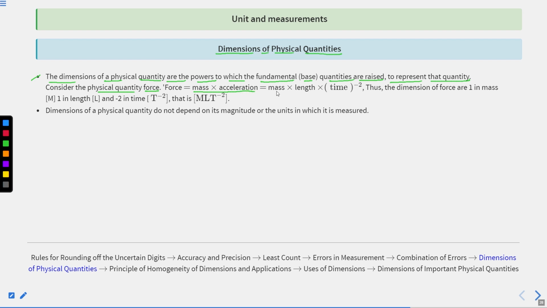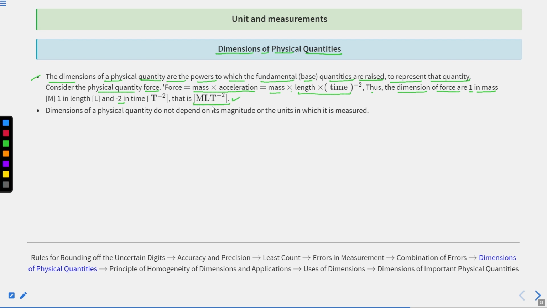And acceleration is length into time to the power minus 2. Thus, the dimension of force is one in the mass M, length L has power 1 and time T has minus 2, that becomes this.